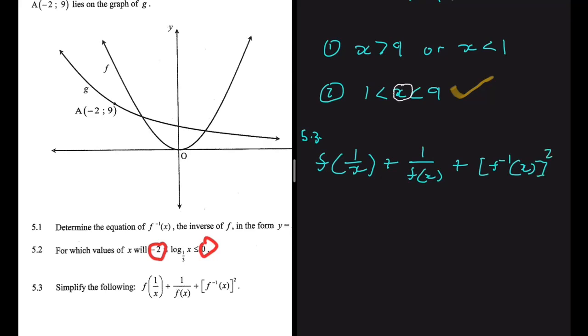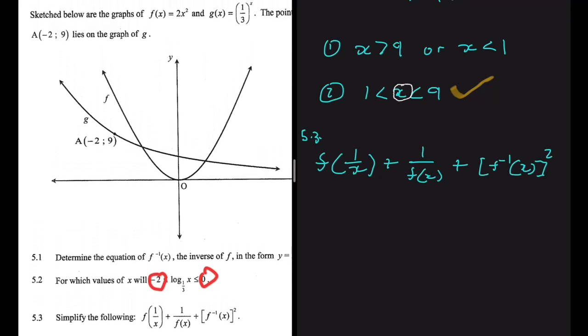So we have f of 1 divided by x, right? So we know that f of x is equal to 2x squared, right? So if you substitute 1 divided by x, we're going to have 2 multiplied by 1 divided by x squared, plus 1 divided by f of x, that is just 2x squared, and then plus f inverse squared, right?